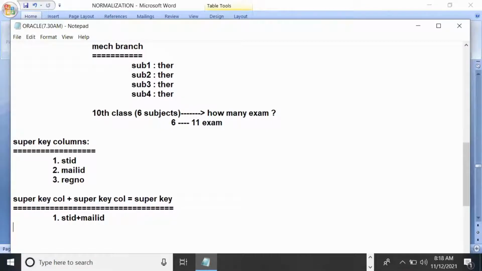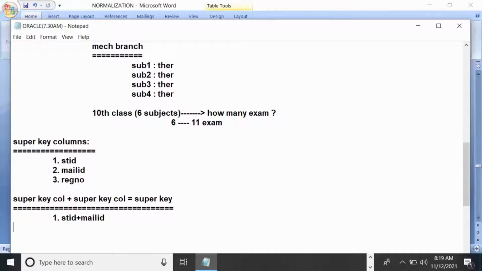Student ID plus mail ID. Can I say super key? Yes, I can say it.